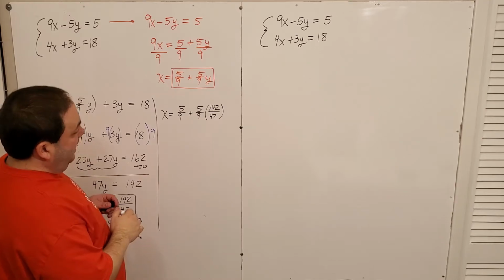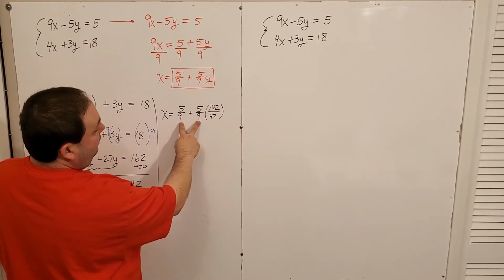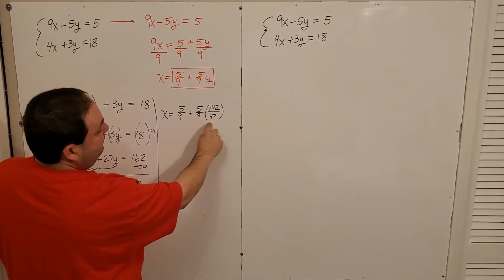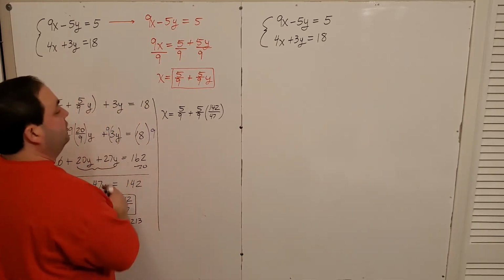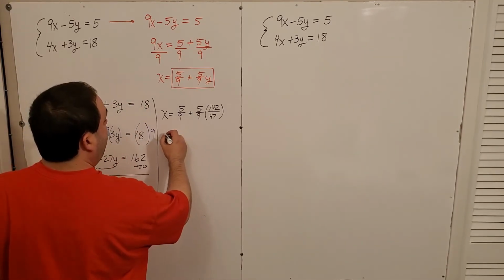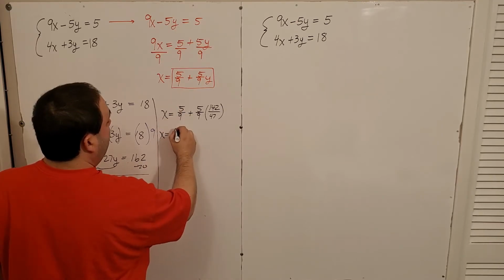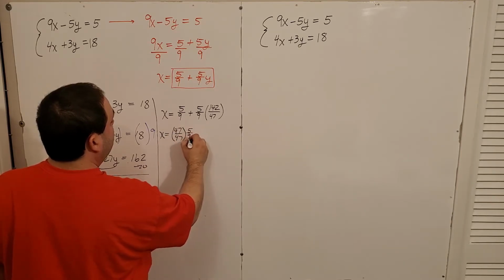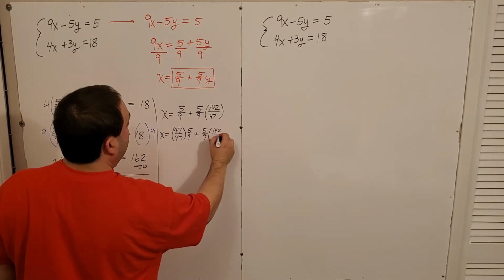And I can already tell that I'm not going to have a common denominator anymore because these both had a denominator of 9, but I'm about to multiply 9 and 47 here. So to accommodate that, what I'm going to do is multiply this left-hand guy by 47 over 47. Like so.